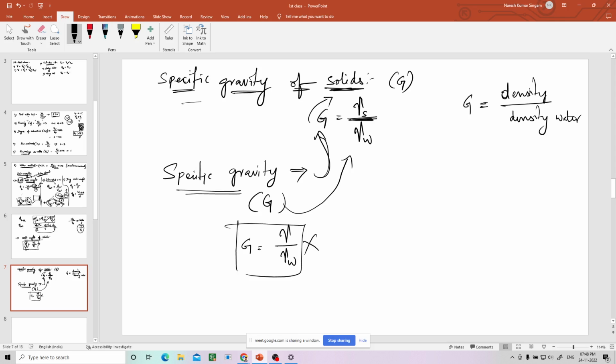Even if some people say specific gravity of soil, that still means this only. It is not at all this one. You should always take gamma solids by gamma W. Please remember this. Now we'll derive one relationship. There will be some important relationships.